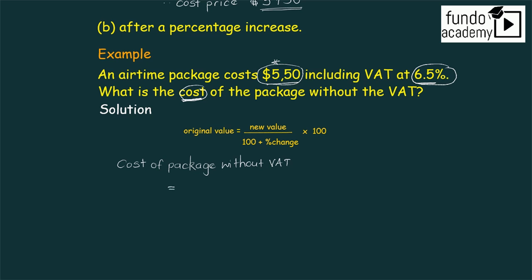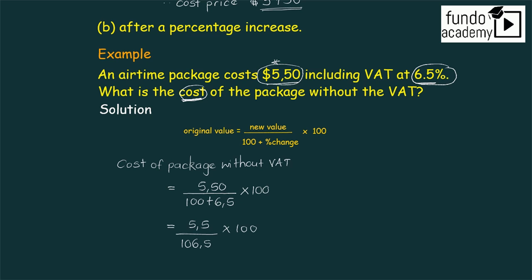So it'll be equal to the new value, which would be $5.50, which is the cost of the package with value added tax, and it is divided by 100 plus 6.5%, which is times 100. Okay, so this would give us 5.5 over 106.5 multiplied by 100.